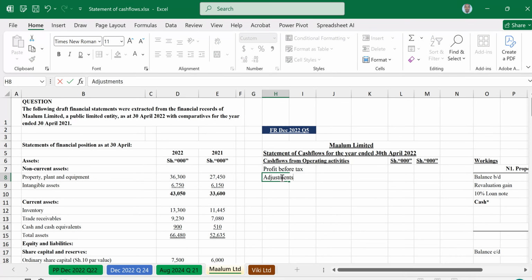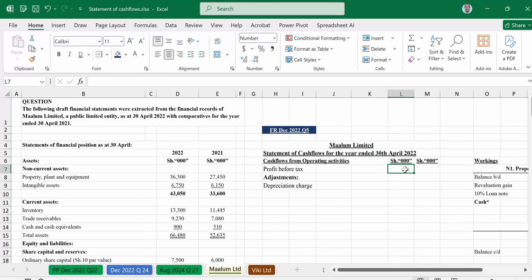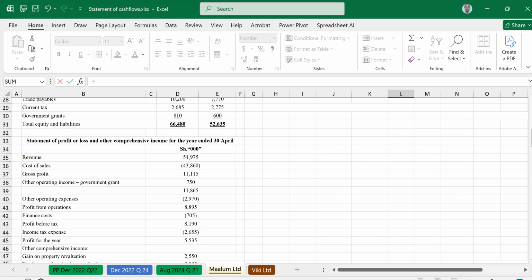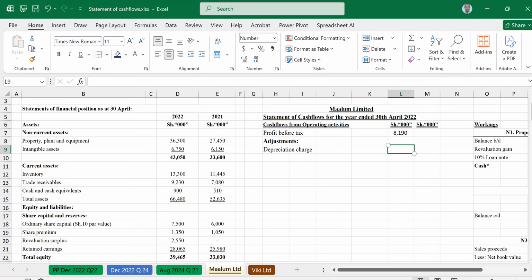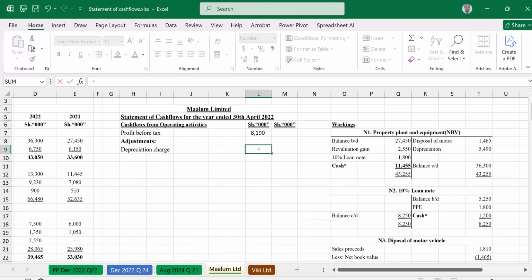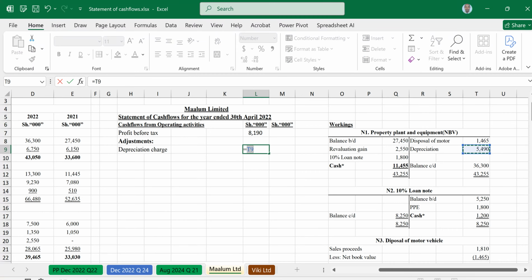Under adjustments, we start with the depreciation charge, which amounted to 5490.